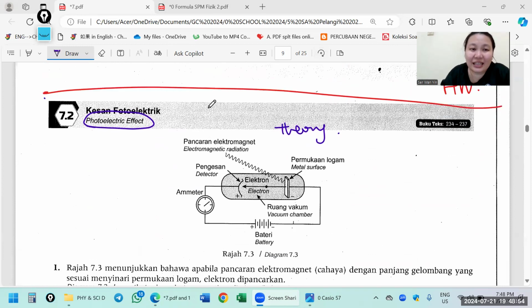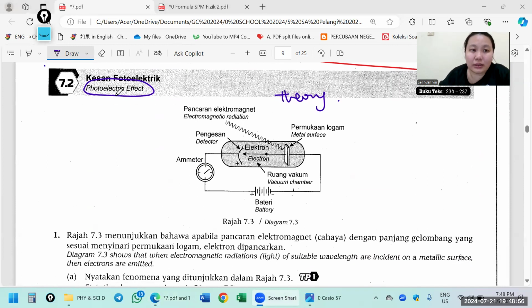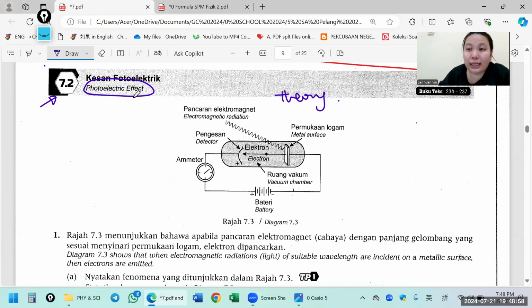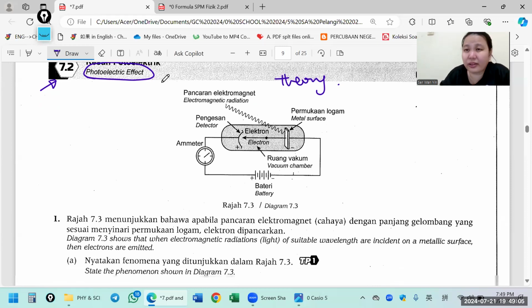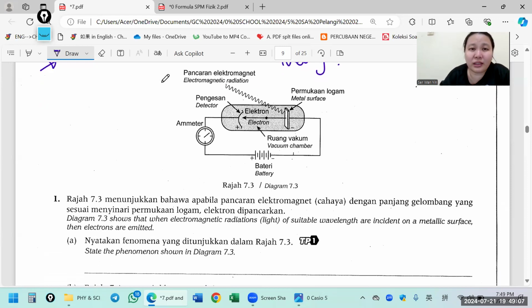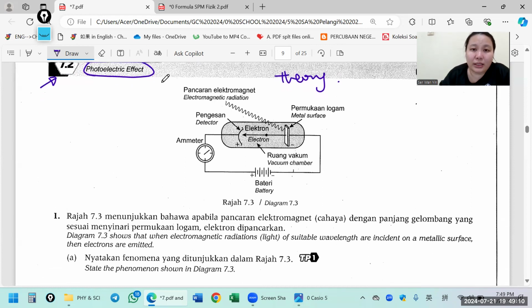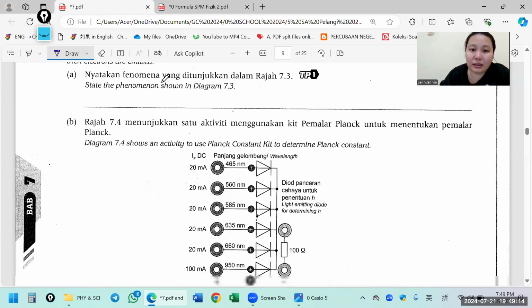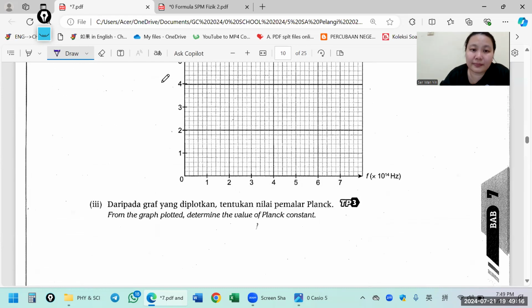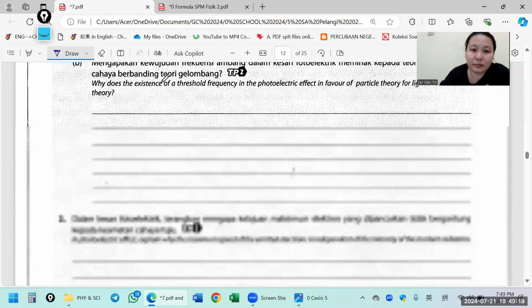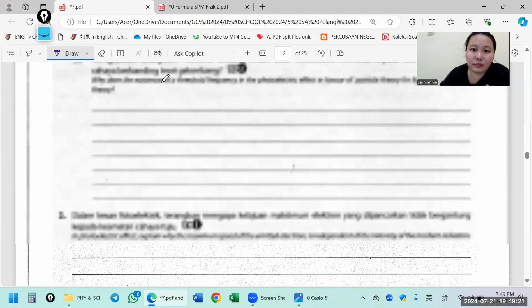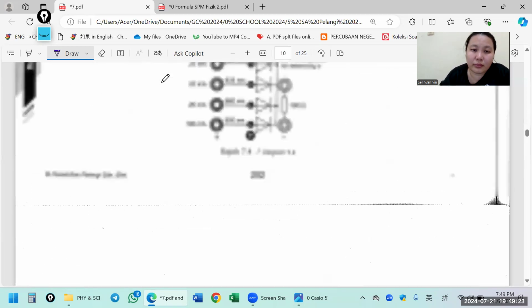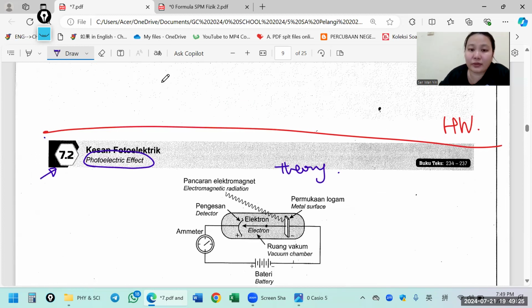Okay, so now look at this 7.2 photoelectric effect. I estimate 9:15 can finish. If can finish earlier, we end earlier. So actually, what is the meaning of photoelectric effect? We skip all of this first.